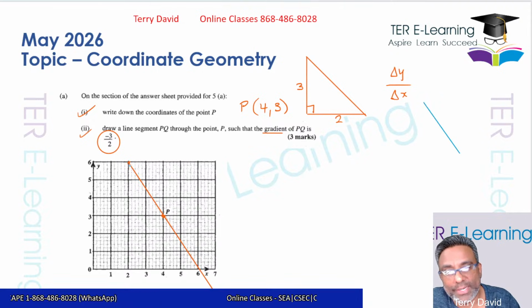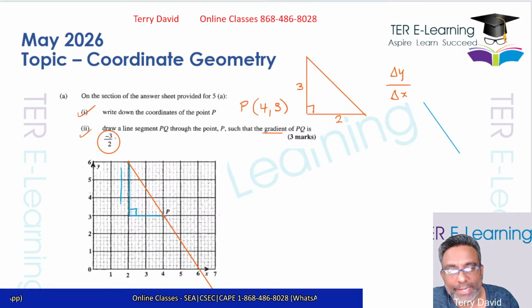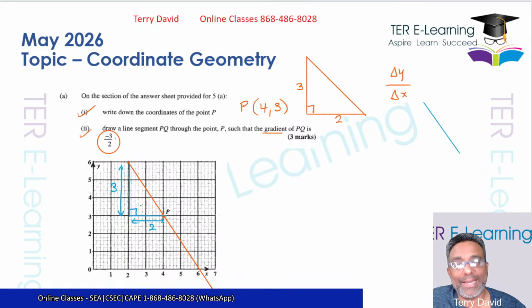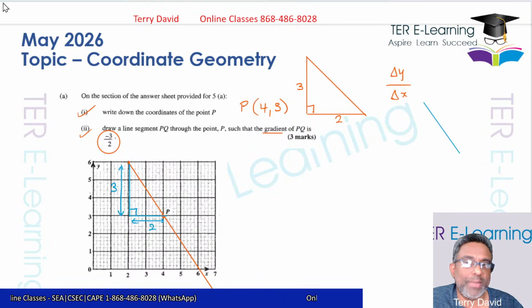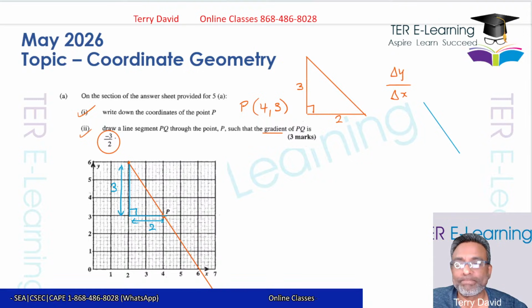Let's try to complete a right angle triangle here. This is my right angle triangle. This length here, from here to here, is 3 units, and this length here is going to be 2 units. Okay, so that red line there is the line that we're looking for. This question may be a little unusual for some people, but that's how we work out gradient.